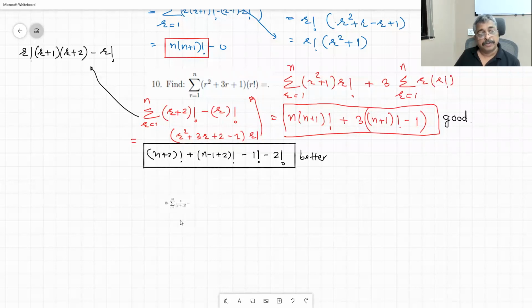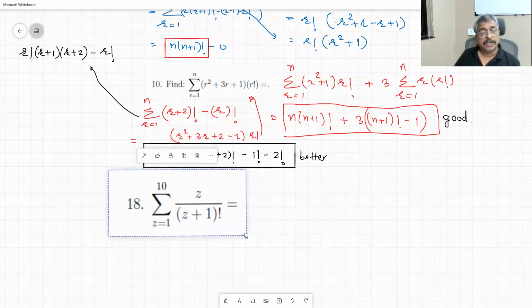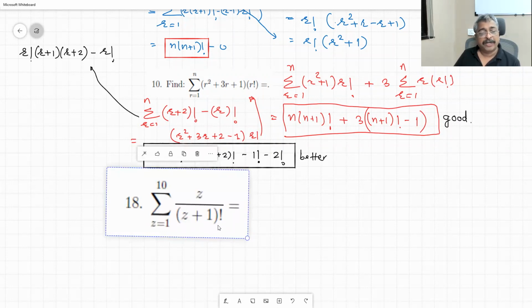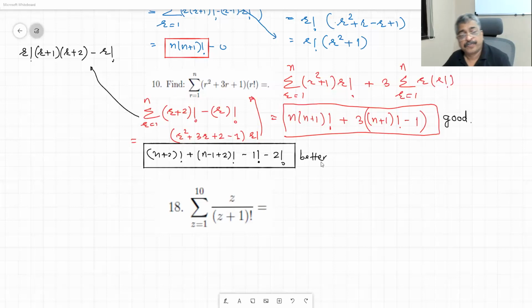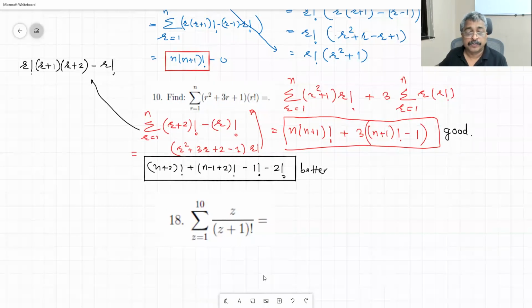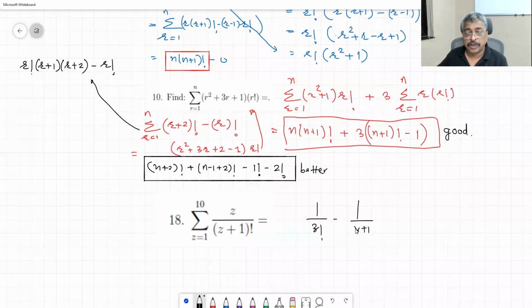Next problem is sigma z goes from 1 to 10, z upon (z plus 1) factorial. This is 1 upon z factorial minus 1 upon (z plus 1) factorial.